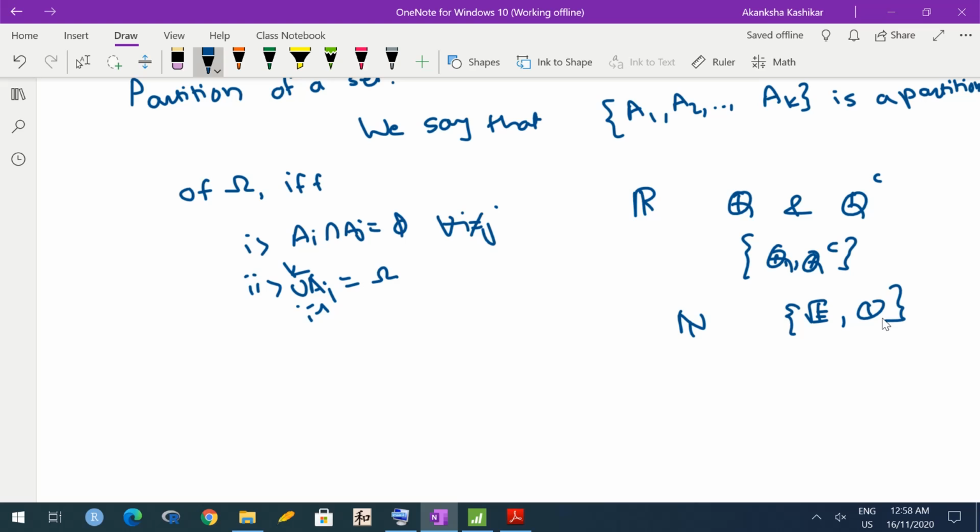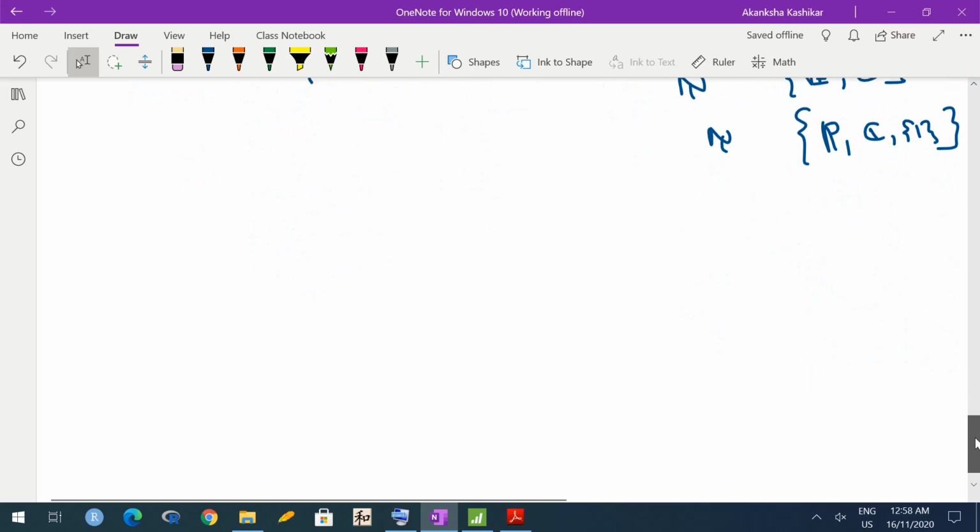Also, again for natural numbers, the set of prime numbers, composite numbers, and the singleton one. This will again be a partition because one is neither prime nor composite, so we keep it separate, and prime and composite. So I have three sets now which form a partition. Okay, everyone clear with the definition of a partition? If yes, then let us move ahead.